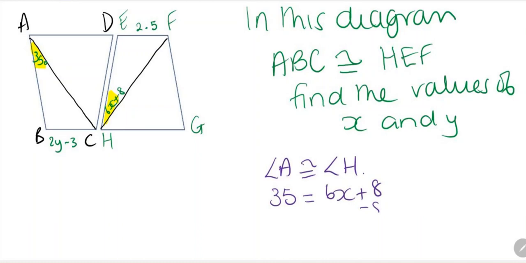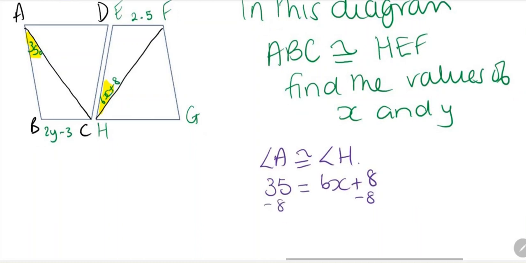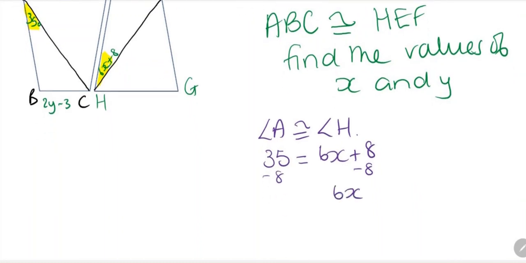And I'm going to minus 8 from both sides. So 6x is 27.